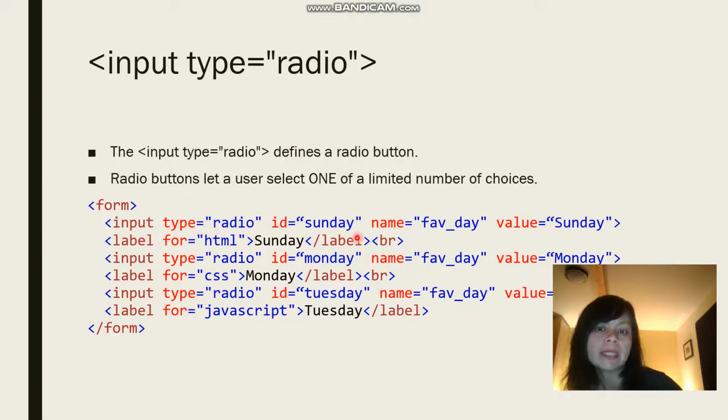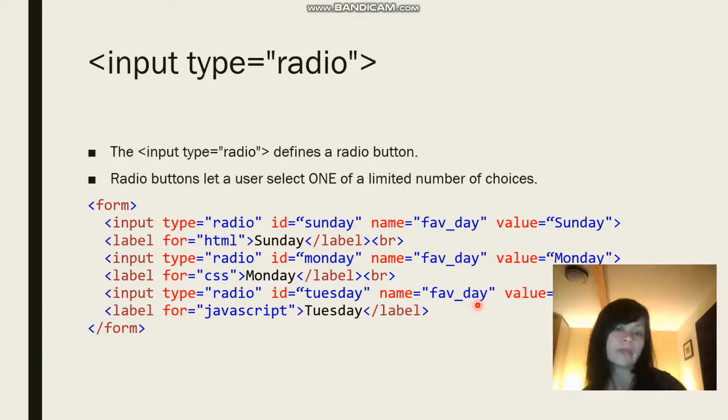The ID is going to be Sunday, and the name is fave day. So all these are related. The first one, the second one, the third one are all for the same group, favorite day, fave day. The ID for each one is different though. The first one's going to be Sunday, the second one's going to be Monday, and the third one's going to be Tuesday. There's a lot of steps here, so let's do them one at a time.